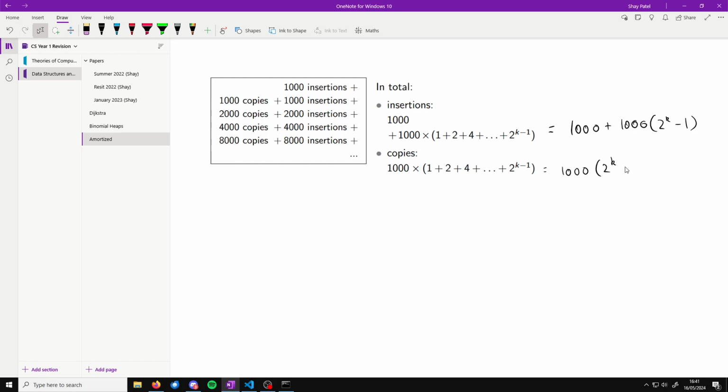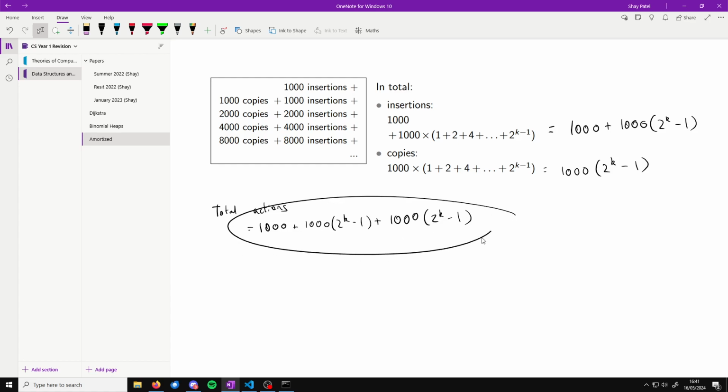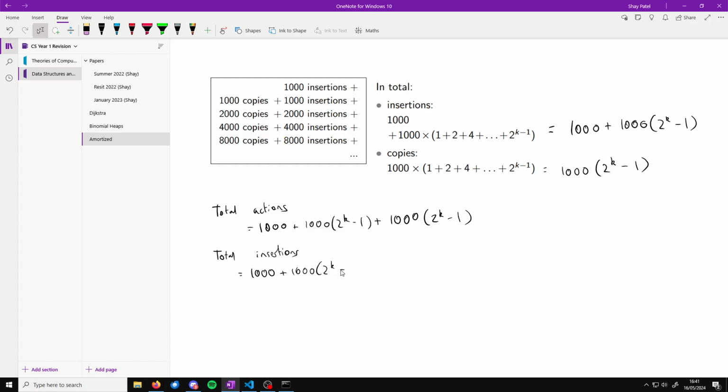In total, actions equals 1000 plus 1000 times 2 to the power of k minus 1, plus the number of copies, which are also actions we need to consider. So this is our total number of actions, and our total number of insertions is just what we've been given, 1000 plus 1000 times 2 to the power of k minus 1.